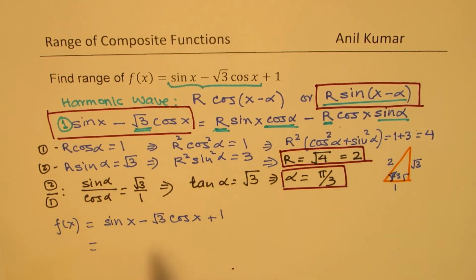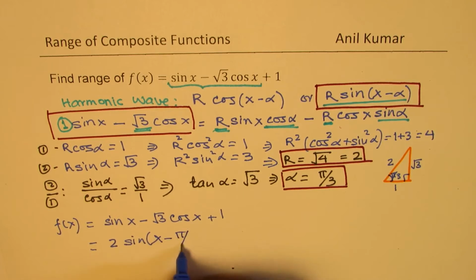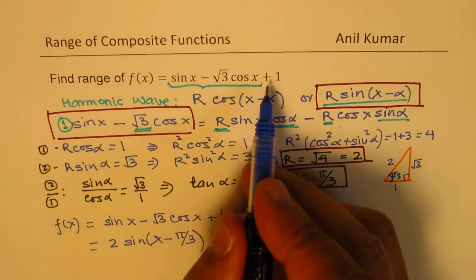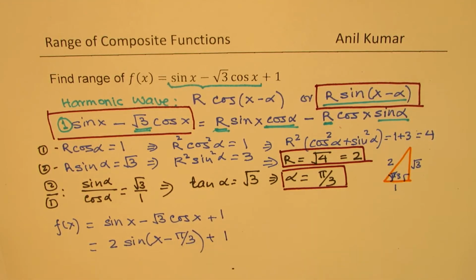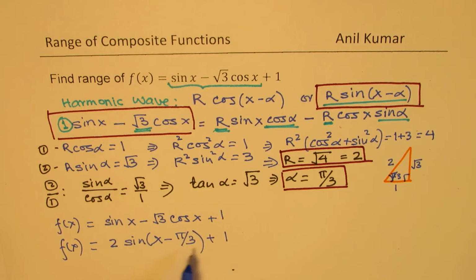R for us is 2, so we get 2 sine of x minus pi by 3 plus 1. Clear? So that becomes your function. So f of x is now a sinusoidal function which has been translated 1 unit up, and its amplitude is 2. You get the idea, right? So therefore, we can now find the range.